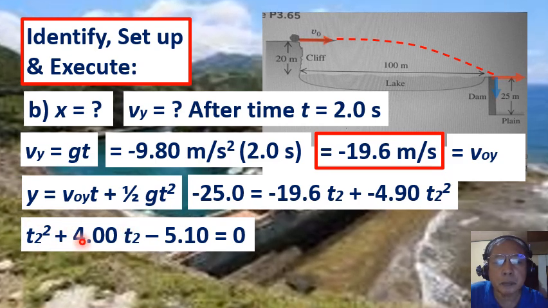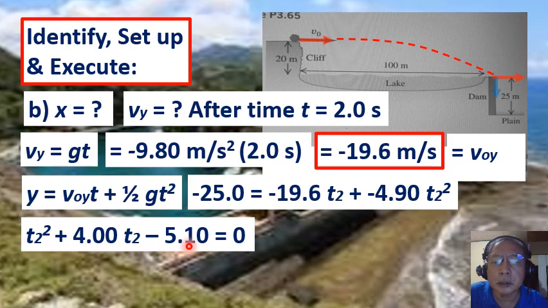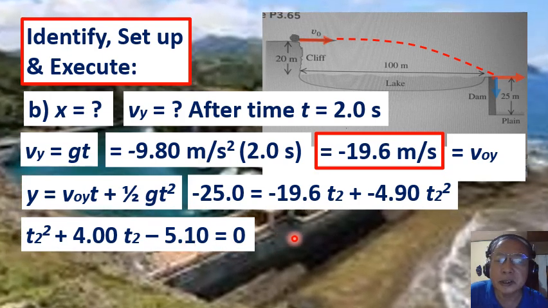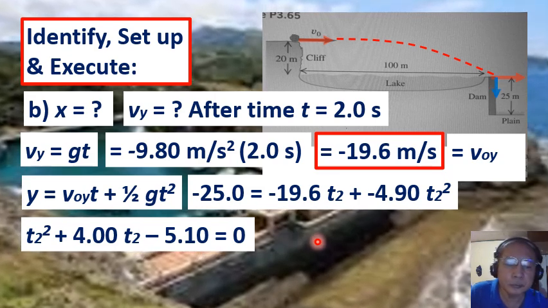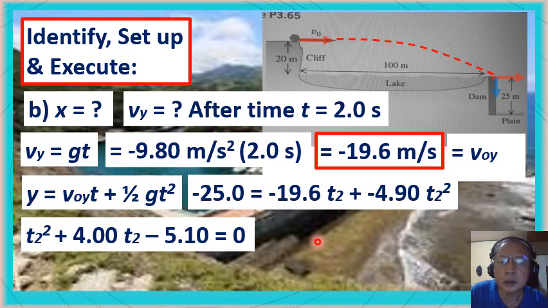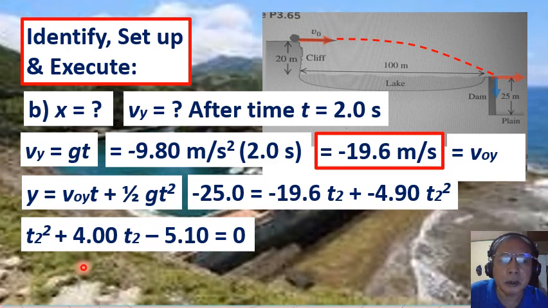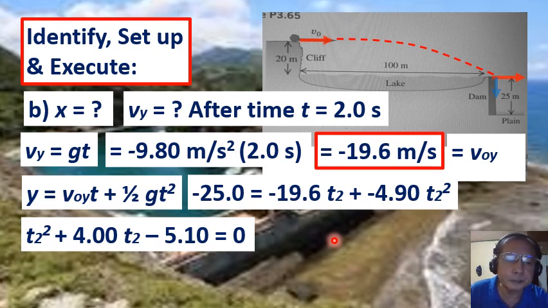T sub 2 squared plus 4.00 T sub 2 minus 5.10 equals 0, which obviously is a quadratic equation. So in just a little while, we're going to determine the value of T sub 2 using the quadratic formula.